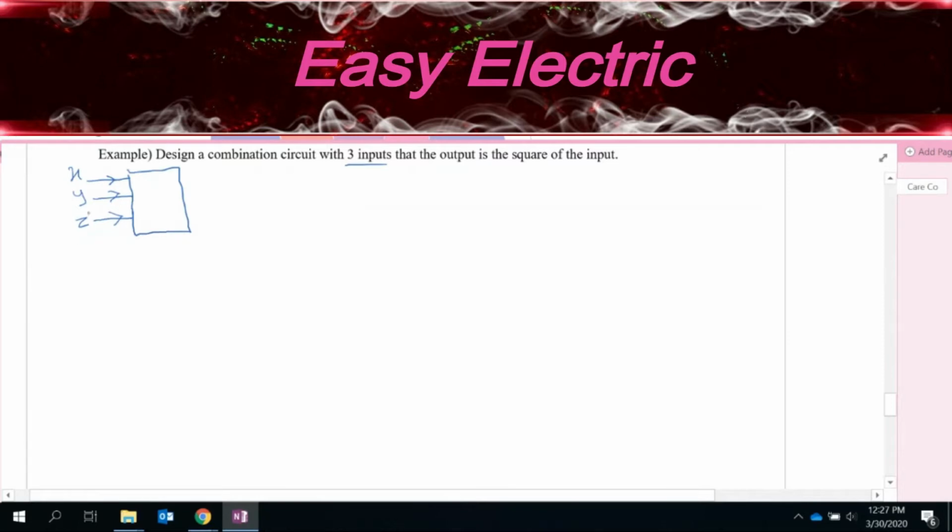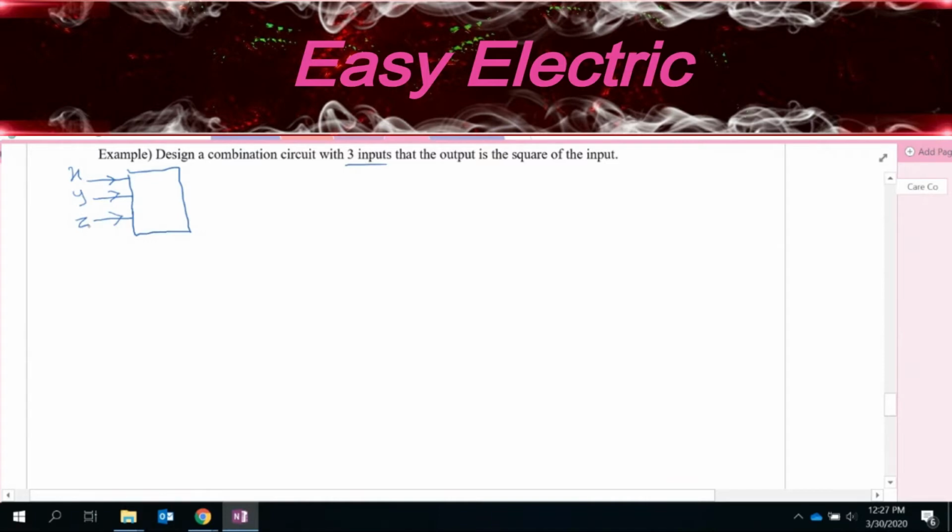What's the smallest input I could give here? What is the smallest number? So definitely 0, right? It is a 0. So that means whenever I give 0, the square of 0 should be 0 in the output.